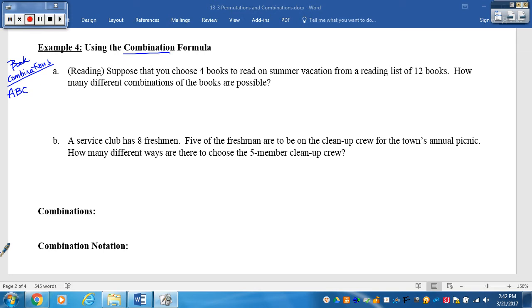Well, if the order matters, it would be ABC, ACB, BAC, BCA, CAB, and CBA. Okay, let me make sure I've got all of them there. 1, 2, 3, 4, 5, 6. Yeah.